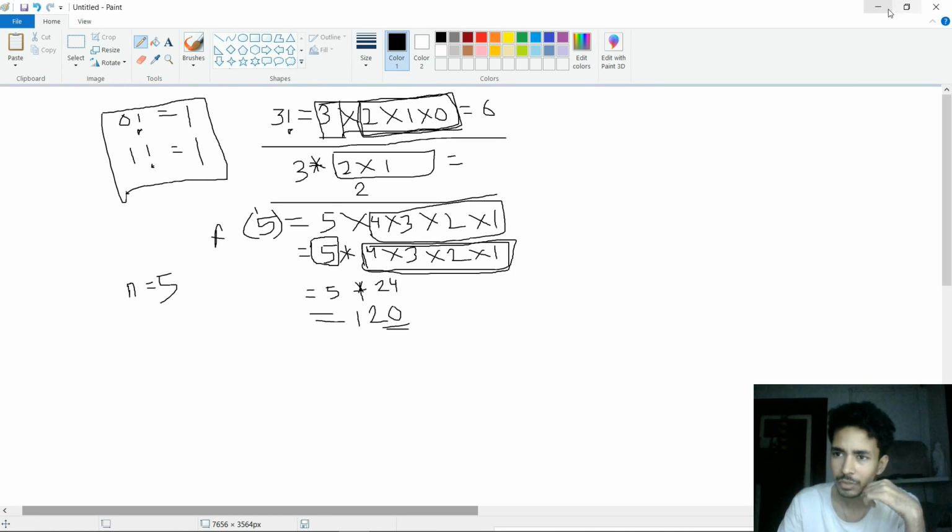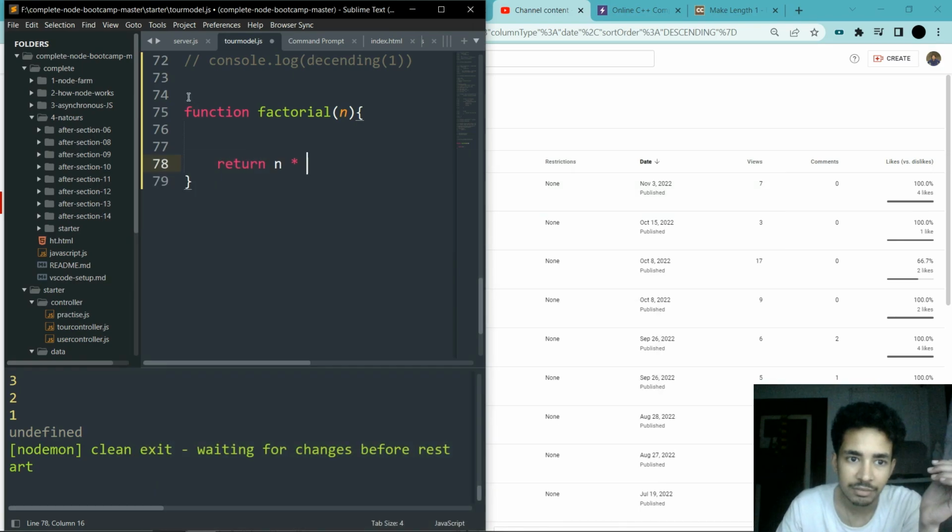So what we will do is suppose a function inside a function. This is the value of n. In the function I am passing n. In this function I know what n is, so I have passed that value n.